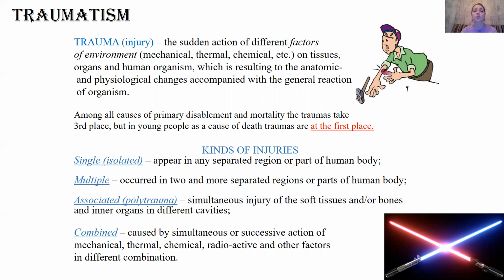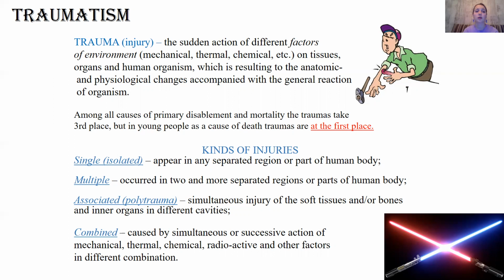Combined injury is caused by simultaneous or successive action of mechanical, thermal, chemical, radioactive, and other factors in different combinations. If you were injured by a Jedi's sword, it would be combined trauma. So you understand that a patient with multiple injuries and associated polytrauma has a very severe injury, with poor outcomes of treatment, unfortunately.